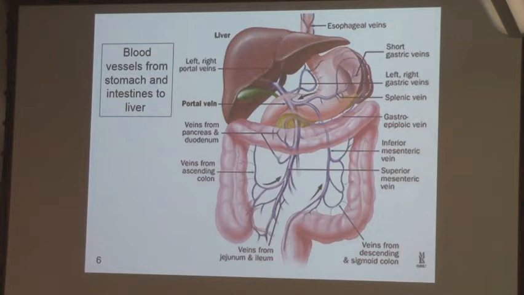We'll get into these details in a few minutes. So gastric veins, gastroepiploic veins, splenic veins all drain into the portal vein, which takes venous blood to the liver.